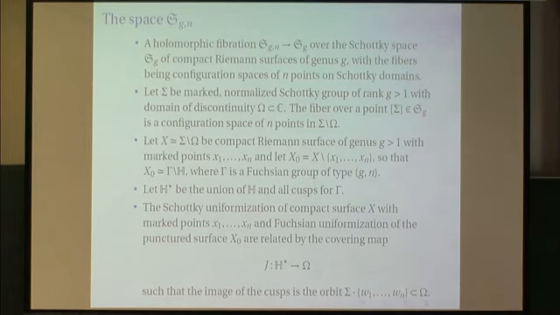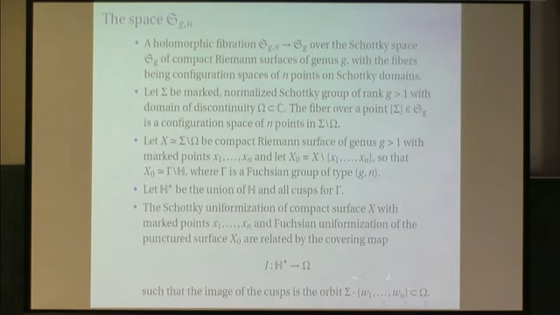And using this, one can compare Fuchsian and Schottky uniformization by considering this covering map. Now you take a Schottky domain and you cover it not by H but by H star. And so this J is the analog of a Klein Hauptmodul.